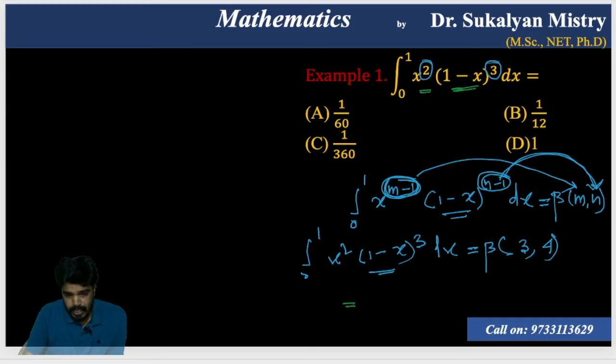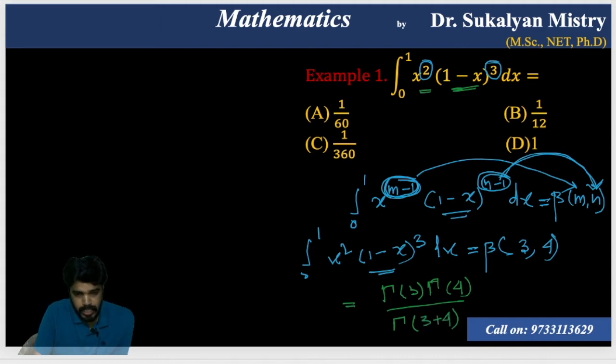So, that is gamma 3 into gamma 4 divided by gamma 3 plus 4. We know that when n is an integer, gamma 3 will be factorial 2, because gamma 3 can be written as gamma 2 plus 1, and gamma n plus 1 is factorial n when n is an integer.